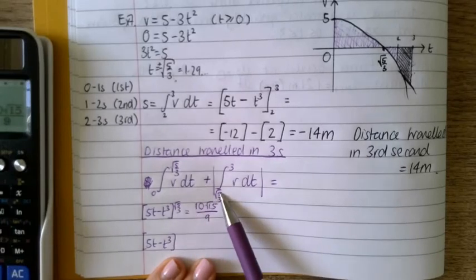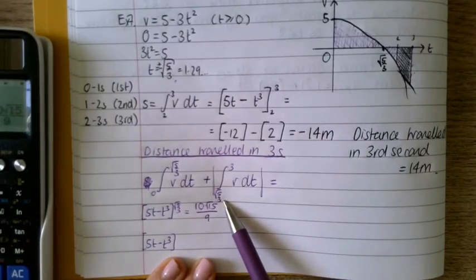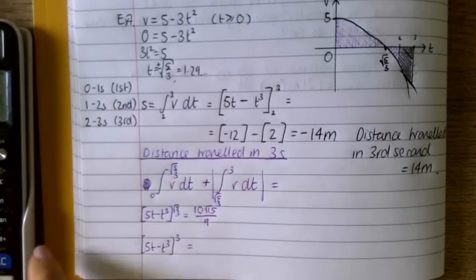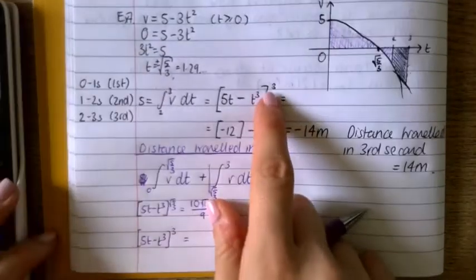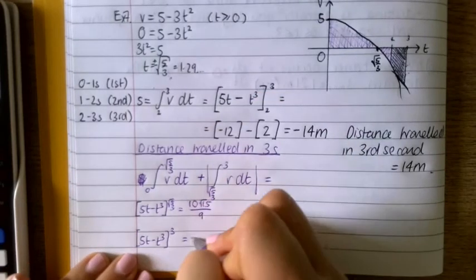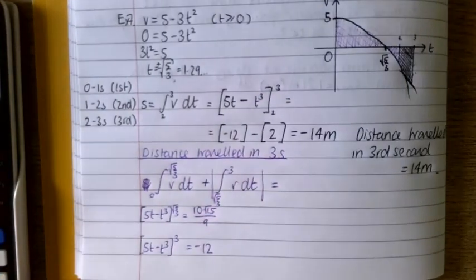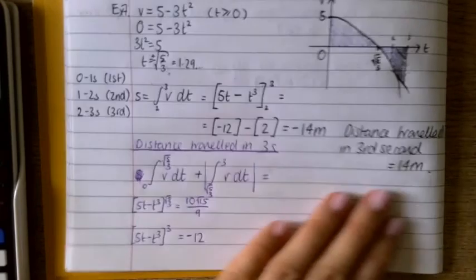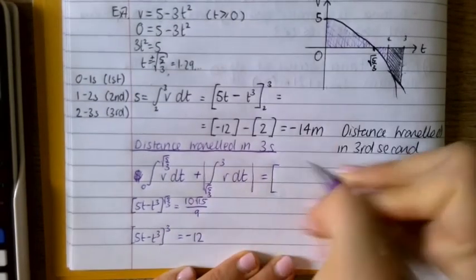Then looking at my next integral, I've got root 5 over 3, and now I'm going to evaluate it at 3, which I have already done actually. So evaluating it at 3 gives me negative 12. Okay, so I've got these two integrals here.